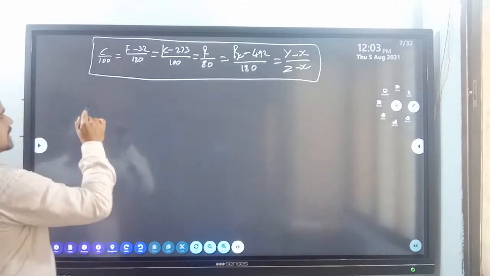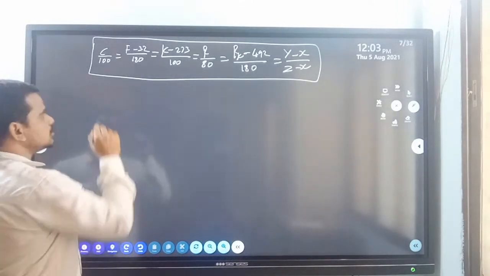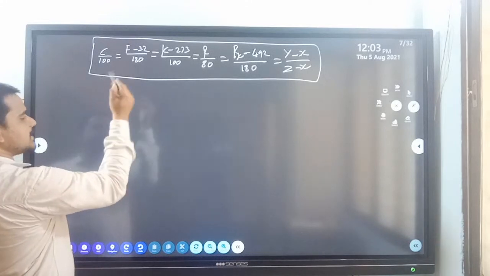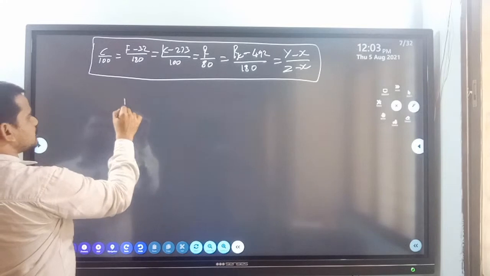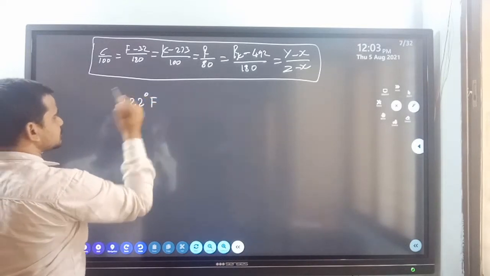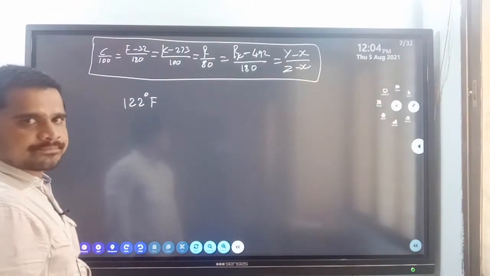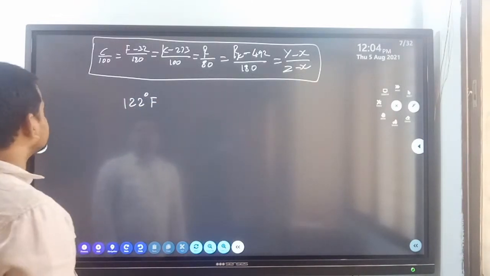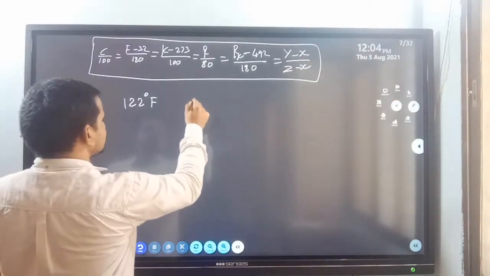Let's consider the body temperature which I measured in degrees Fahrenheit. Let's consider I got 122 degrees Fahrenheit. Then what is the C value?